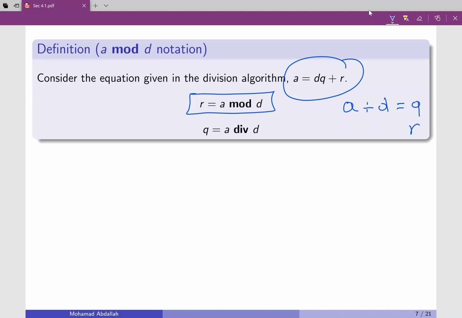A div d is the quotient of dividing a by d. Now keep in mind that your answer for r has to be between 0 and d. For the quotient, there is no restriction, so q can be negative sometimes.